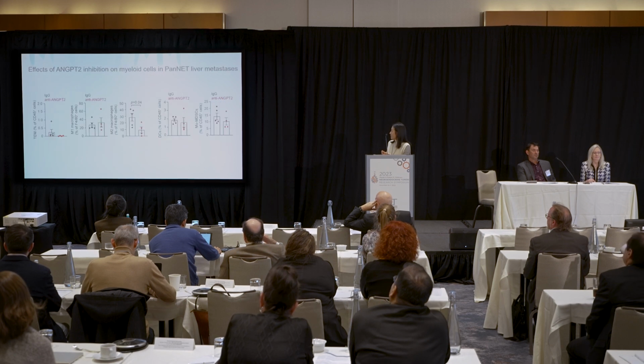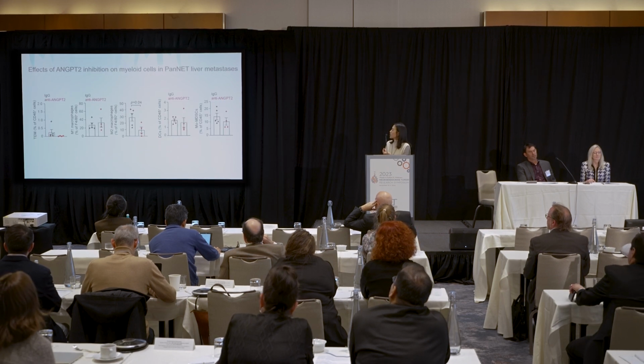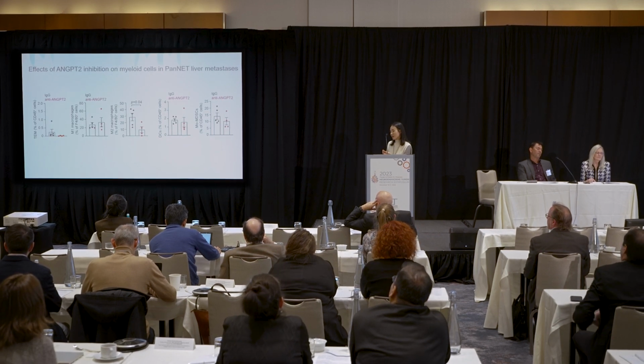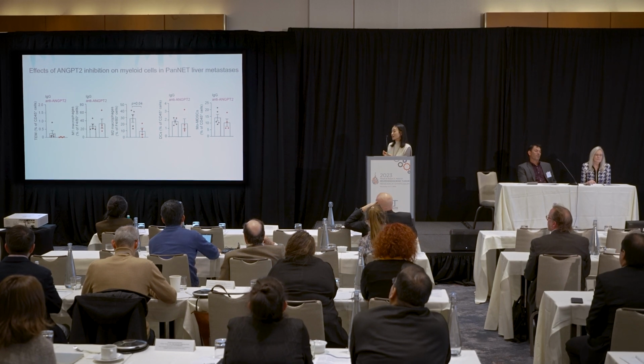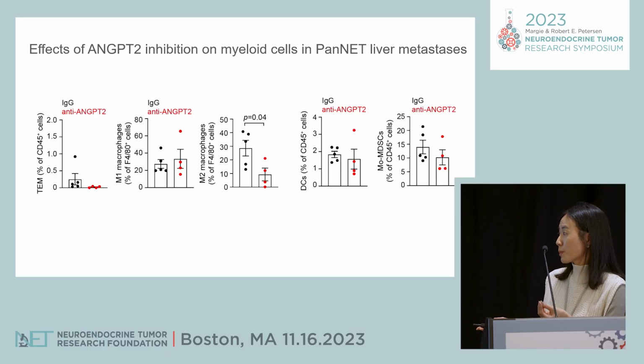The other thing is that we also looked at myeloid cells beyond T cells after blocking angiopoietin 2, especially Tie2-expressing monocytes, which can be directly regulated by angiopoietin 2. But we found that the Tie2-expressing monocyte proportion among the immune cells in the liver metastasis of pancreatic neuroendocrine tumors was very low, so it's hard to compare.